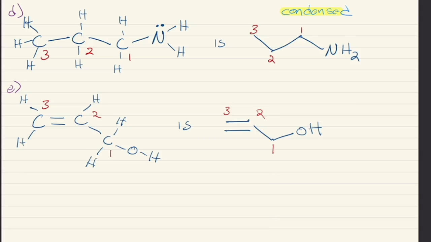We do not assume H's on atoms that are not carbon. So in this case, this is an alcohol group, okay, and I think it's called propenol, or 2-propenol. There's a couple different ways to name these, and you'll get into that when you get into organic nomenclature.